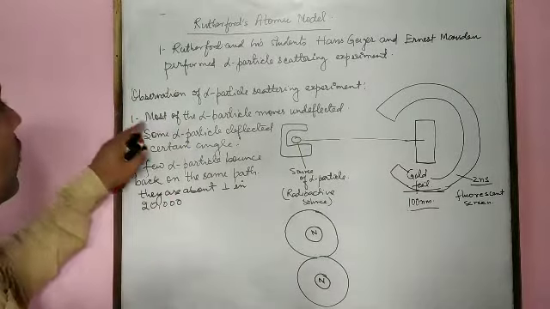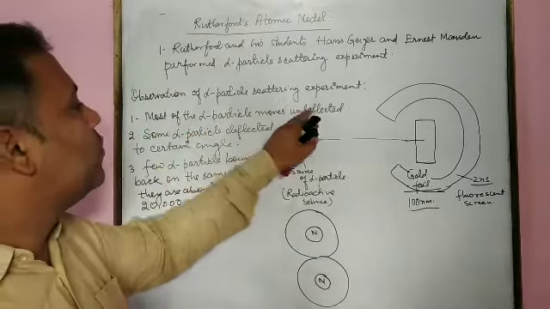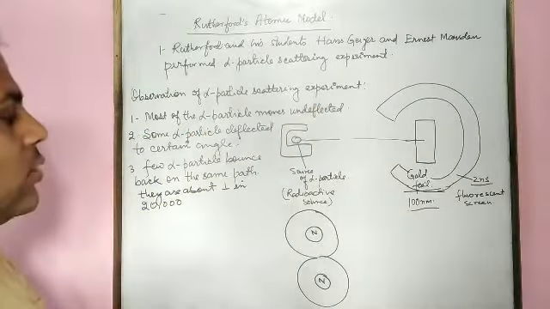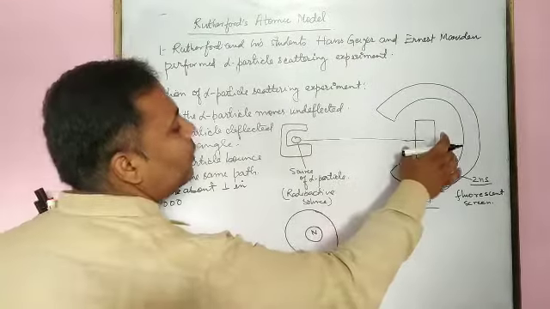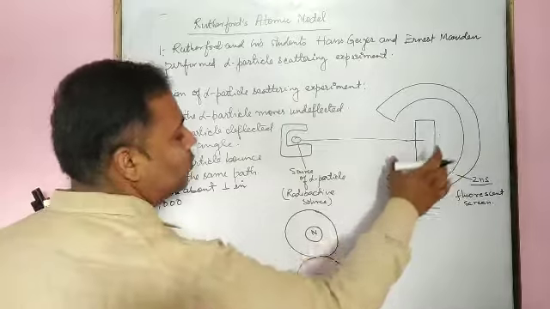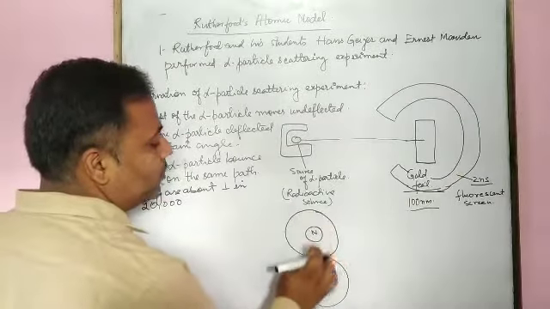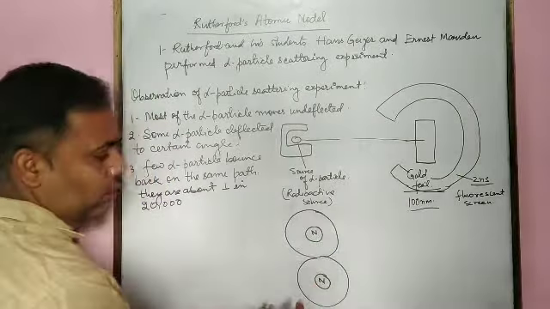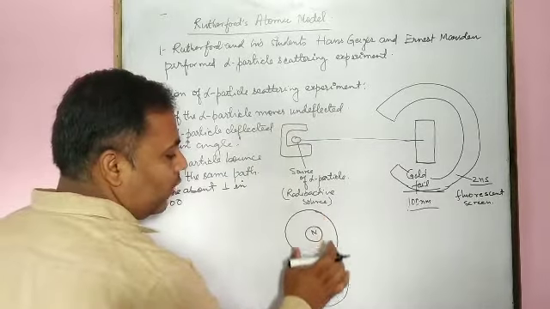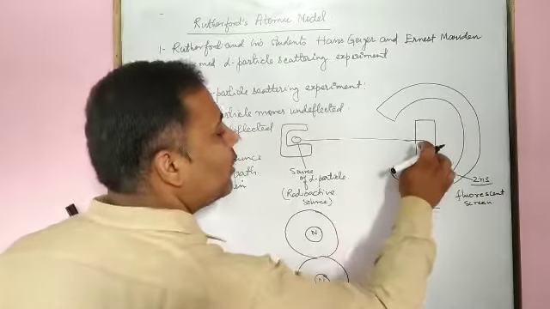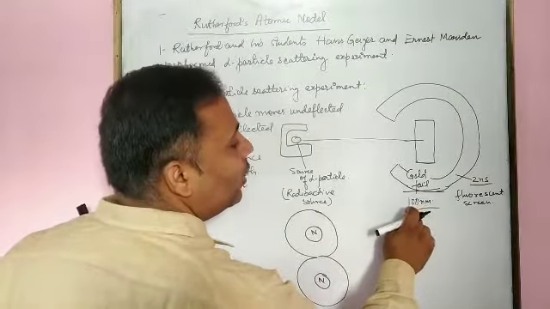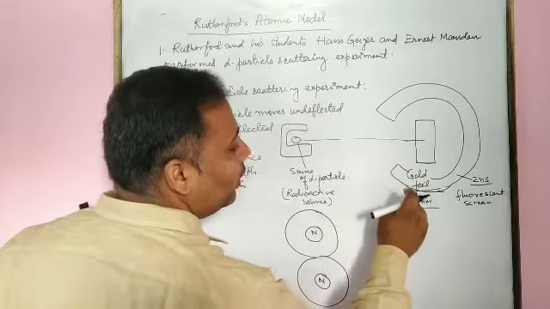The first observation, most of the alpha particles move undeflected. Why is this so? Because we assume this one to be the magnified image of this gold foil. These are the atoms of the gold foil. See here, we have taken only one row of atoms. Why? Because the gold foil is thin and it is of atomic dimension.